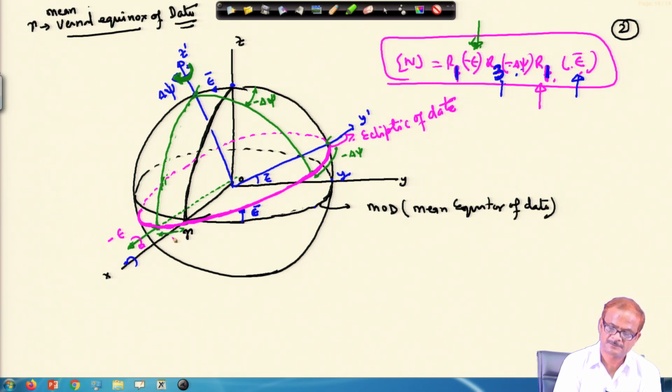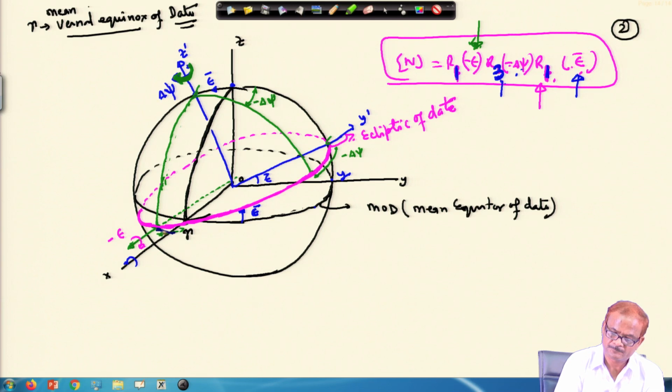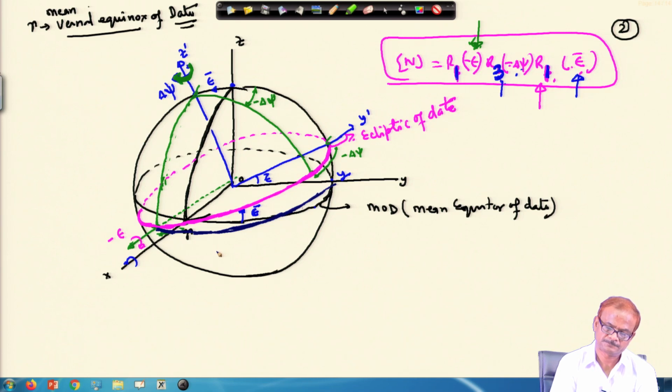Once we give this, this line will come to this place. Somewhere it will appear like this. This is the dark blue line. So, this total angle from this point to this point is epsilon.